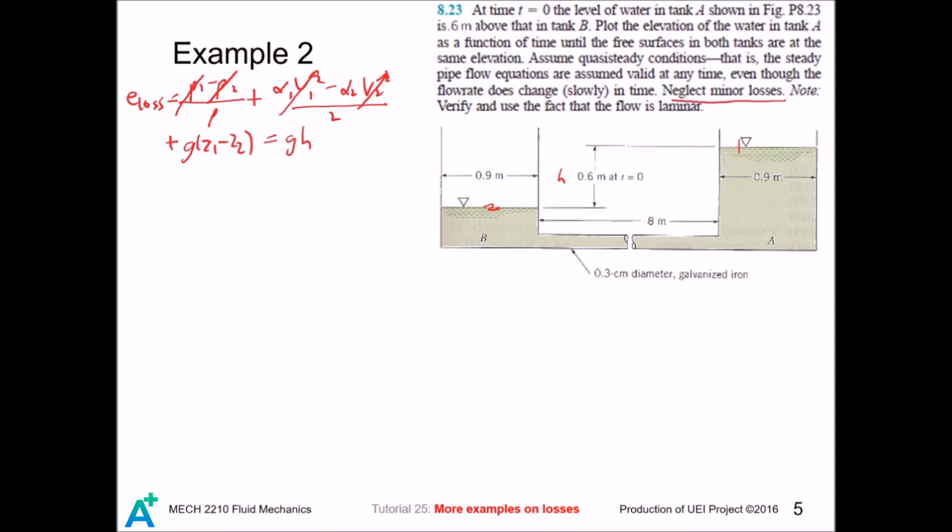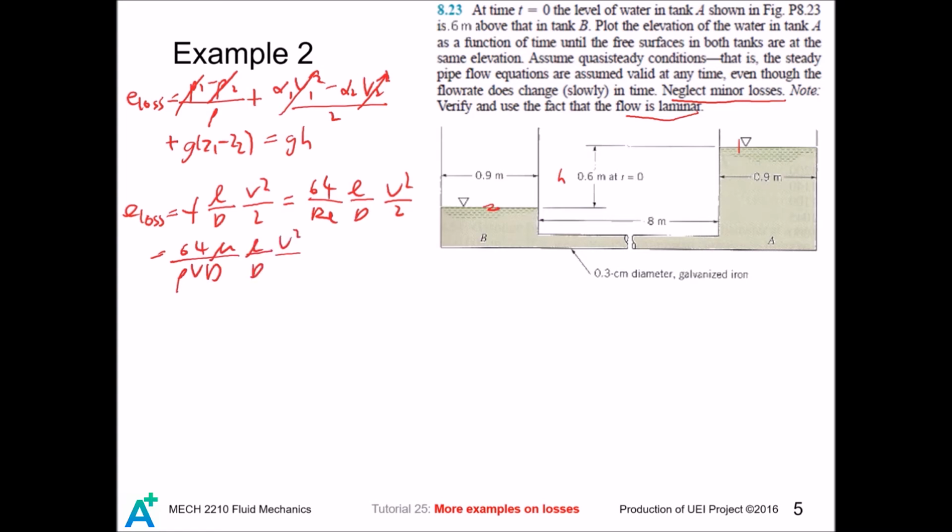But only the major loss is considered in this problem, and it is given in the question that the flow is laminar, so f is 64 divided by the Reynolds number. And then we set these two expressions for energy losses to be equal, and we solve for the velocity.